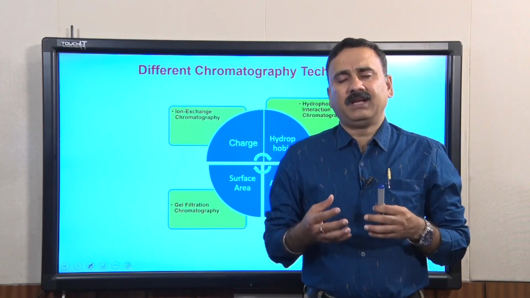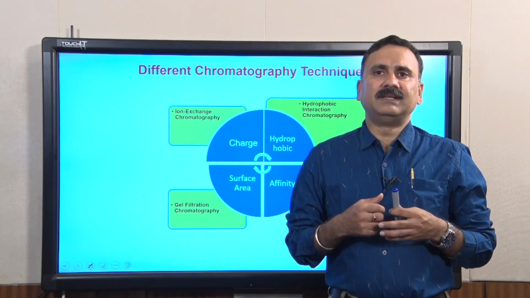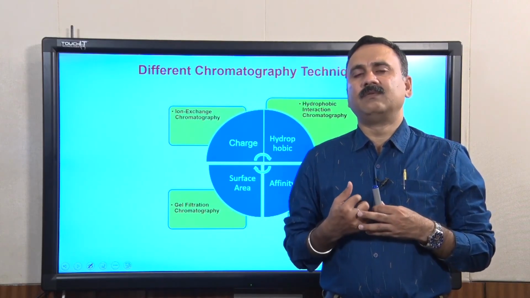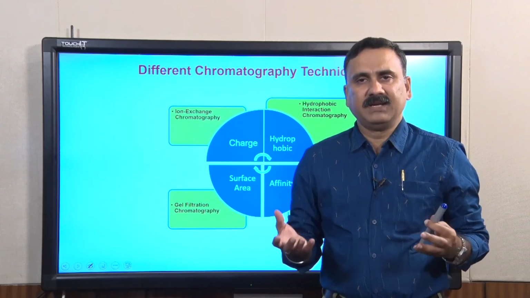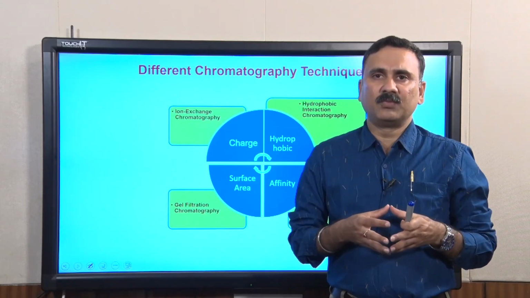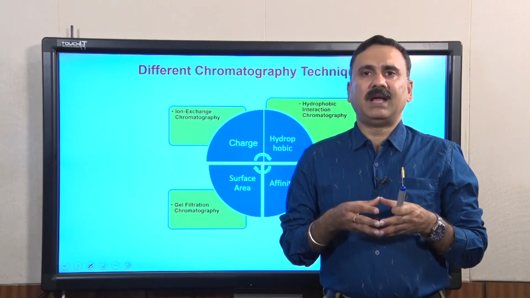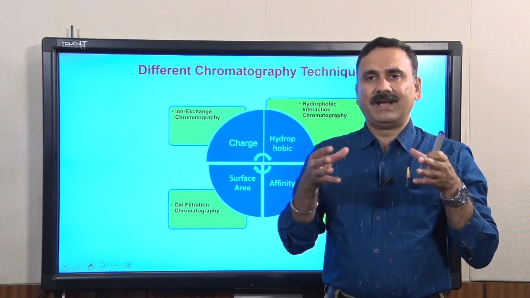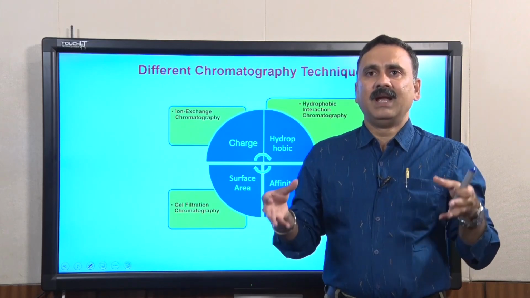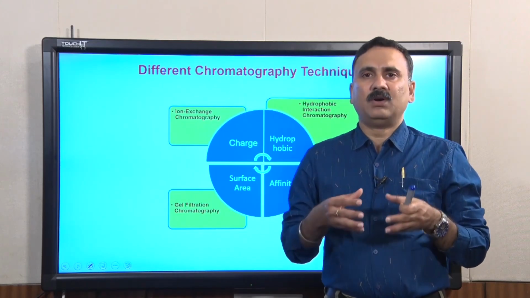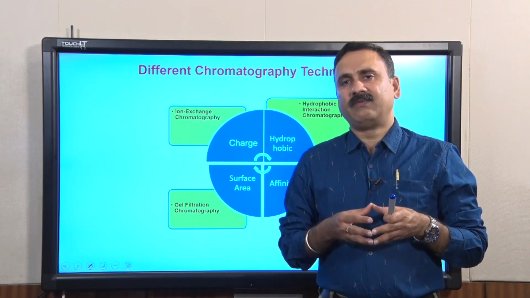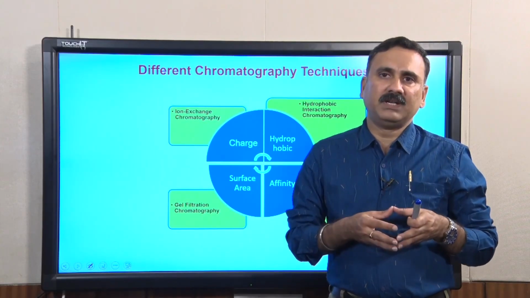As you know, in our previous lecture we discussed that affinity chromatography is of two different types. One is called bioaffinity chromatography, where you are using biological pairs like receptor and ligand as a pair to perform the affinity chromatography. Then we have the pseudo affinity chromatography.